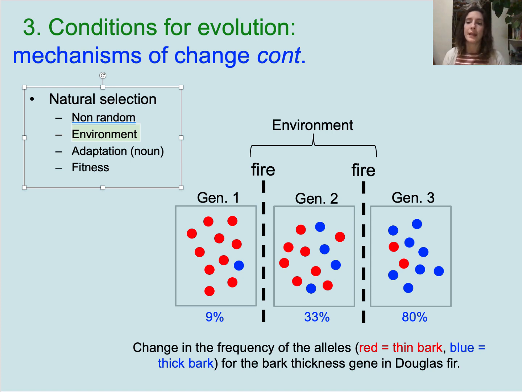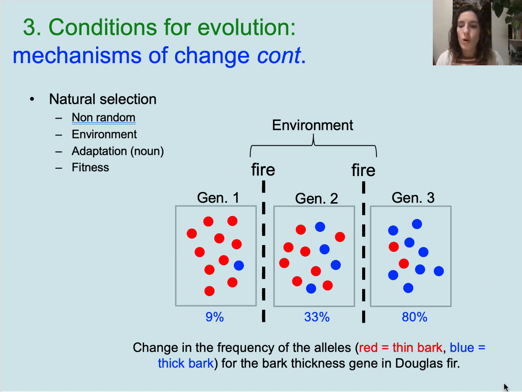If you're more fit in a high heat environment and a fire comes through, then you will have more babies, and that is what makes you more fit. And by babies, I just mean you're getting more offspring into the next generation, whether they're seeds or eggs, whatever they are.